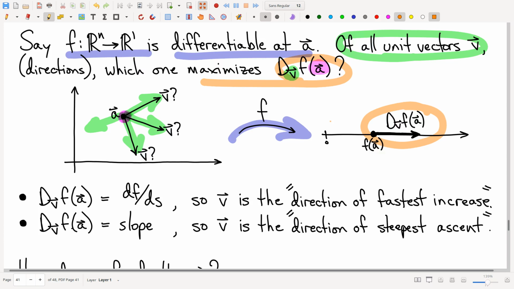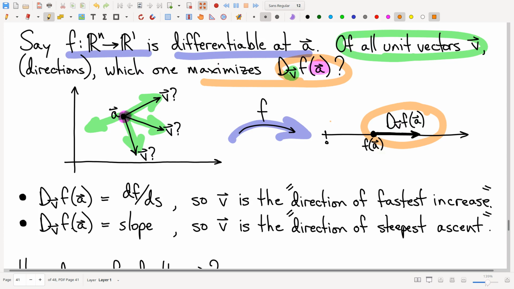And maybe the function represents profit, and a pretty natural question is, hey, how should I start moving things? Should I be hiring more people and paying back the bank, or should I be borrowing more money and doing some layoffs? What do I have to do here to make profit go up as fast as possible? Or whatever, right? How do I keep risk as low as possible? Whatever, right? Millions of applications.